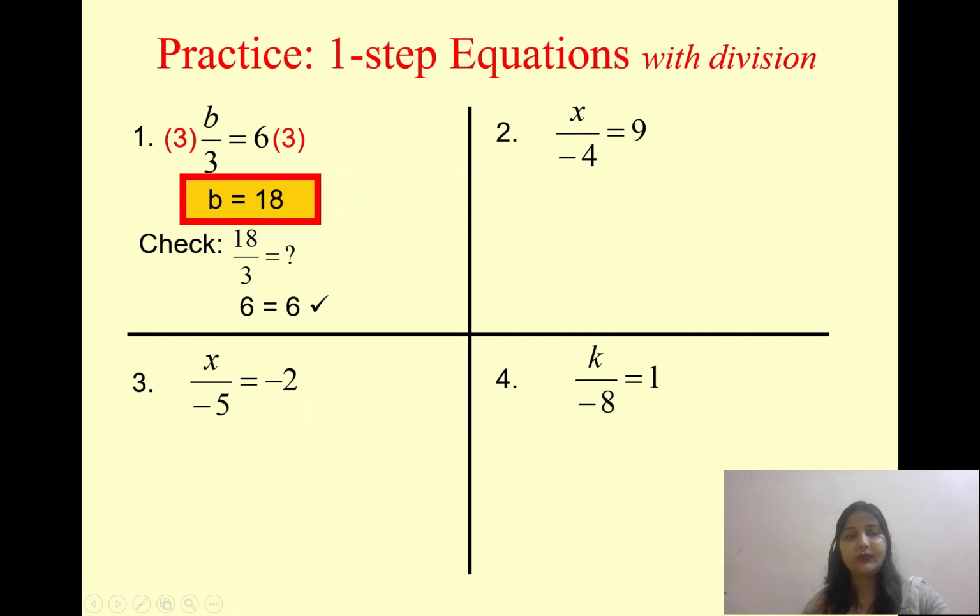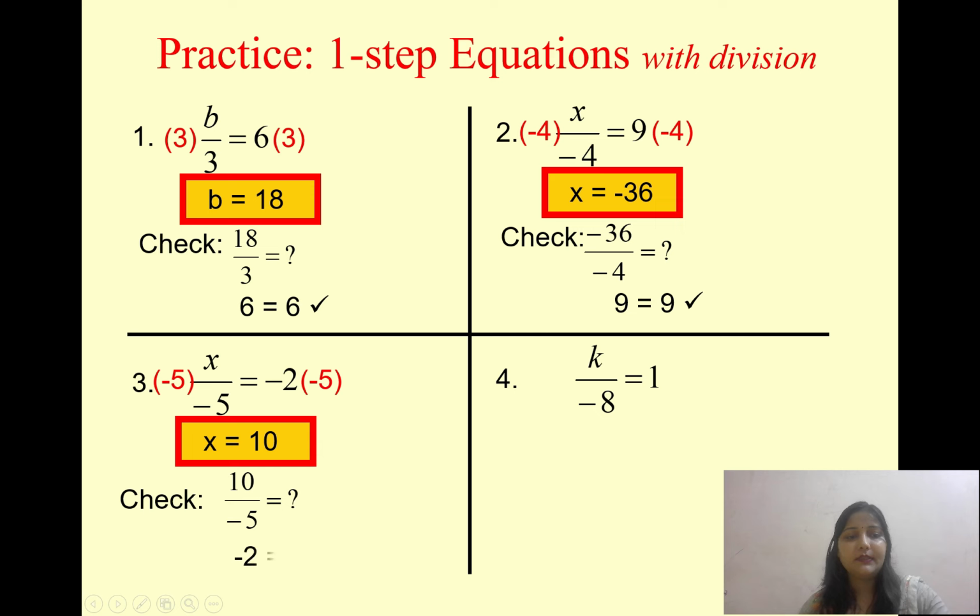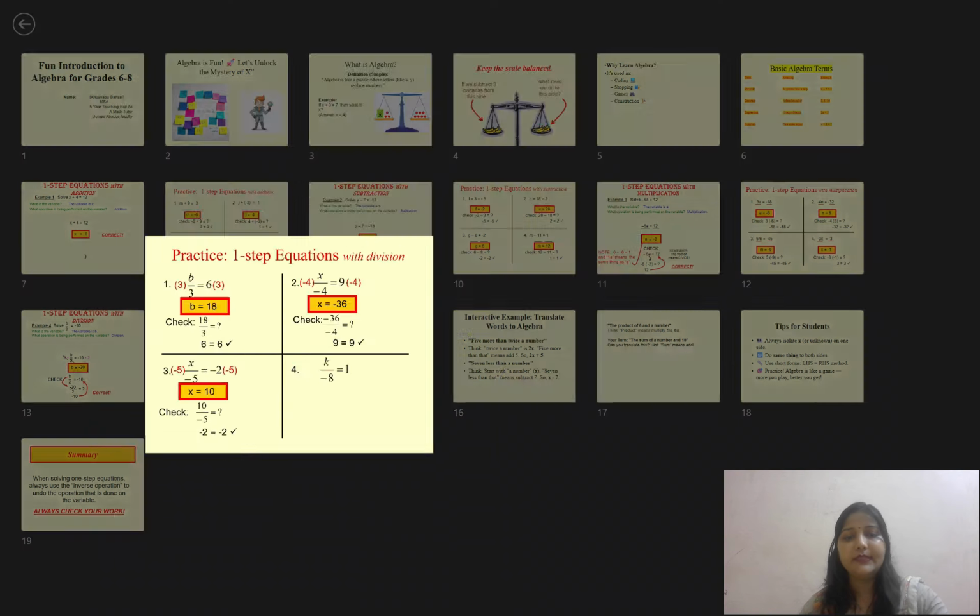Now let's move on to another problem. Same, -4 here, you will get -36. Same, -5, we will multiply both sides by -5. You will get the answer x is equal to 10. You will put the value in the given equation, both sides are equal, your answer is correct.